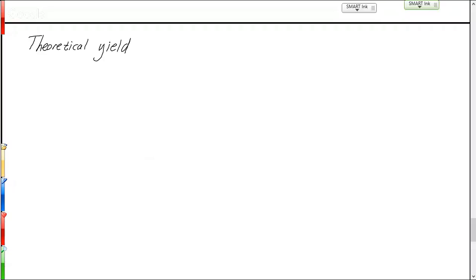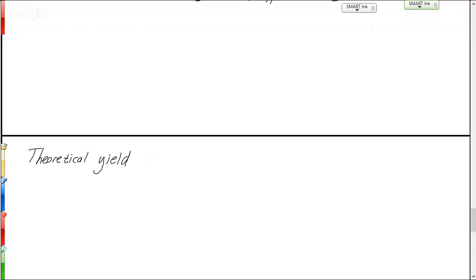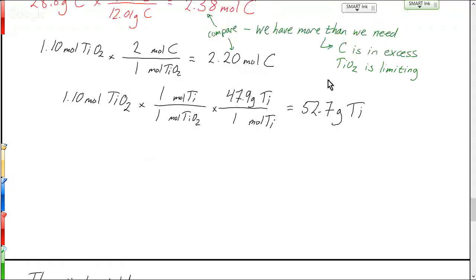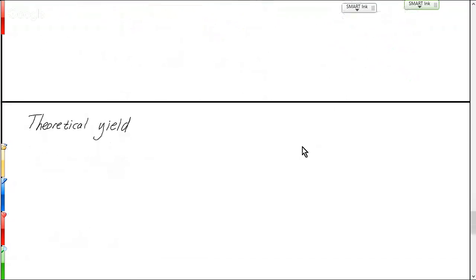Have you heard the term theoretical yield? What we've been calculating is exactly that. This 52.7 number that we got, how much titanium we expect to make from a certain number of these reactants, is called the theoretical yield.